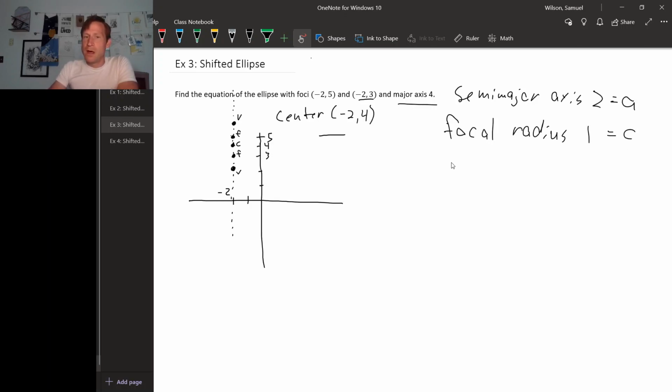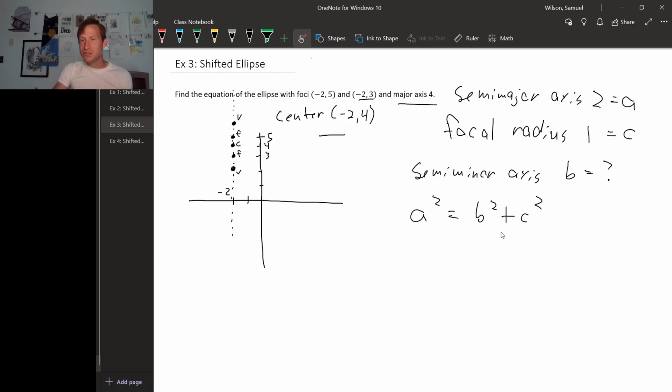The one thing that we don't know yet about this ellipse is how wide it is. In other words, its minor axis or semi-minor axis. And we've called that b. So we need to find b, the semi-minor axis. But remember, for an ellipse, a squared equals b squared plus c squared.